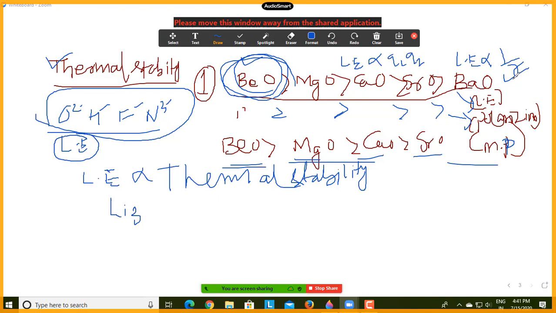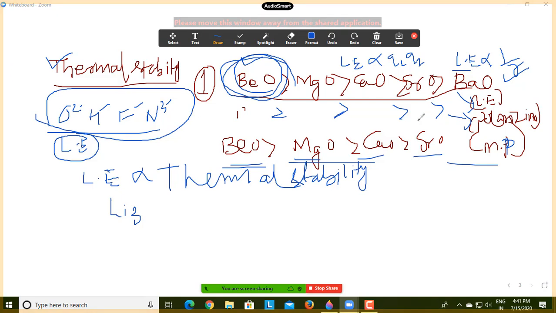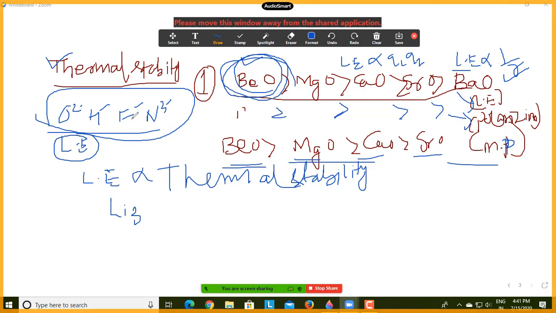If distance between cation and anion is small, lattice energy will be more. If lattice energy is more, then they will be thermally stable, and also melting point high. Is that clear? Yes, sir. So that's why smaller anions, if you take, lattice energy will dominate. Here, the order of thermal stability is based on lattice energy, not based on polarization. Okay.